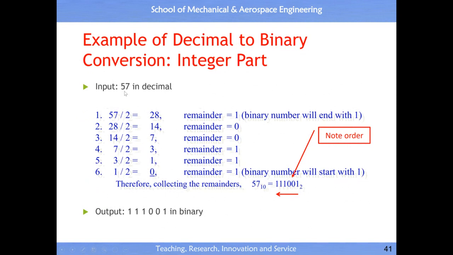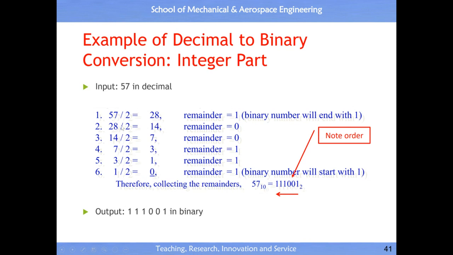If the input is 57 in decimal, what will the output be in binary? This is an integer because it does not have a fractional part. So 57 divided by 2 gives this quotient plus this remainder. This will be the first digit in the output.